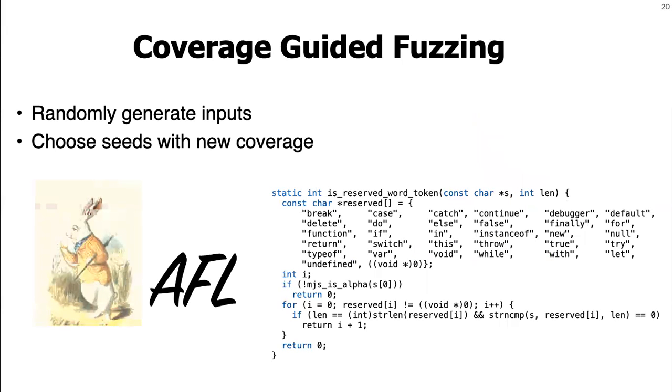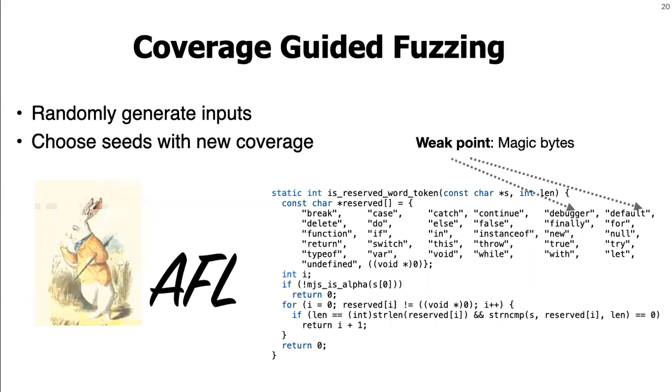Now, the main issue with coverage guided fuzzers is that formats often require specific constant values to be present in the input, the so-called magic bytes. And these are very hard to produce by simple random chance.